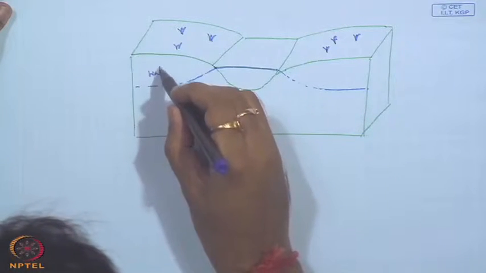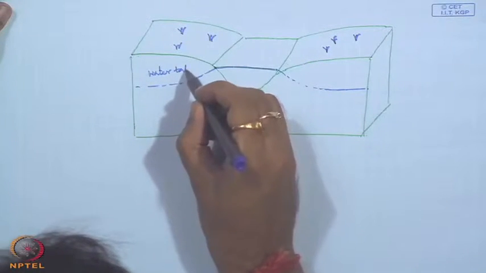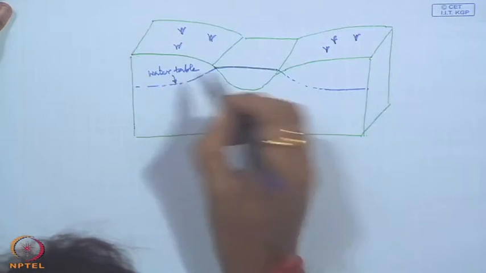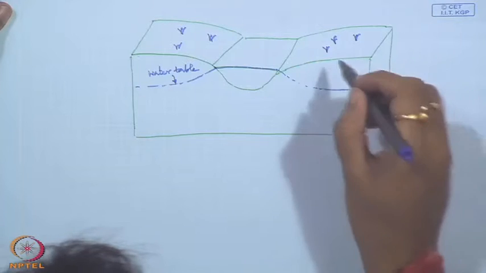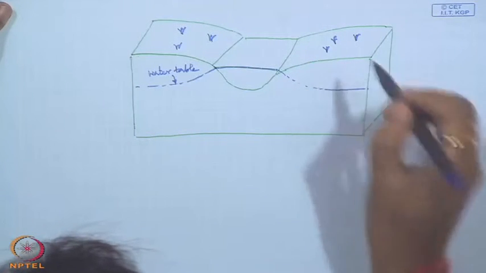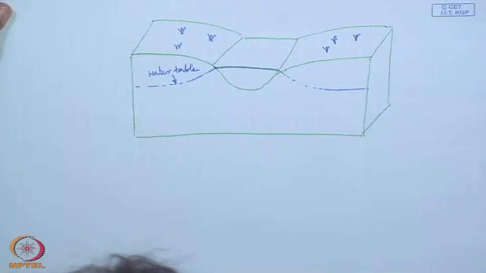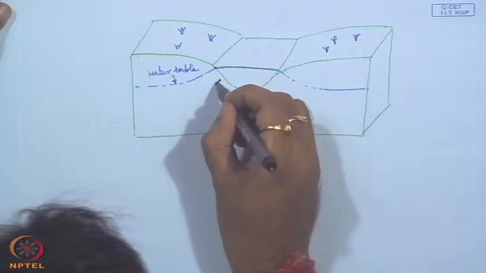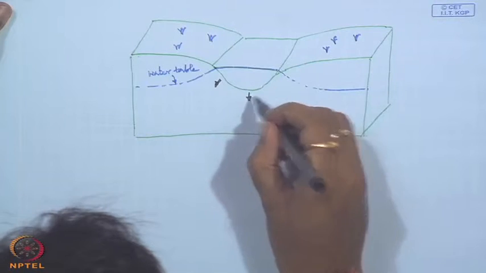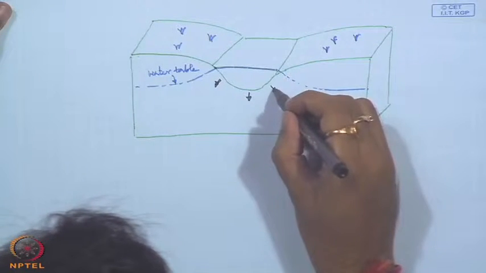So, this is our water table. So, there will be movement of water from the stream towards the aquifer.